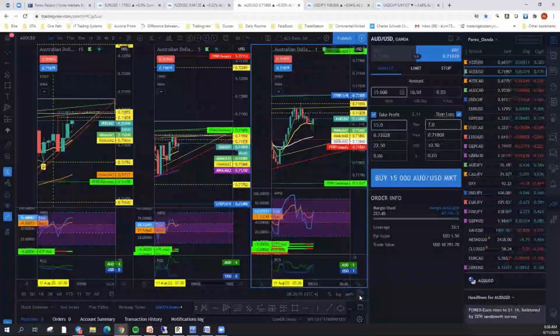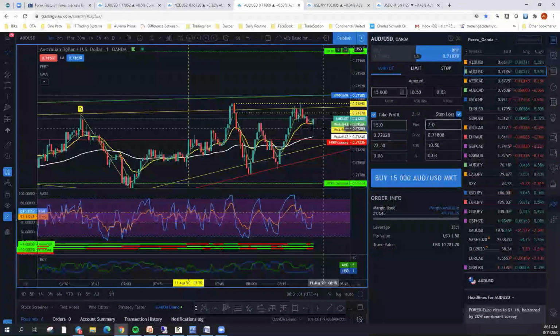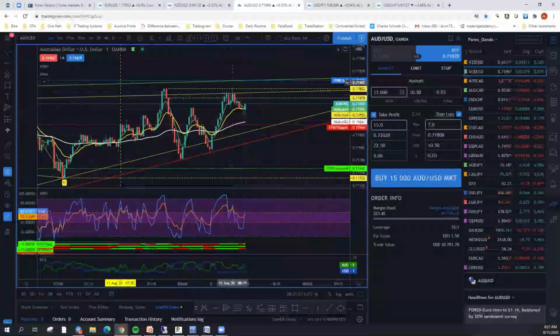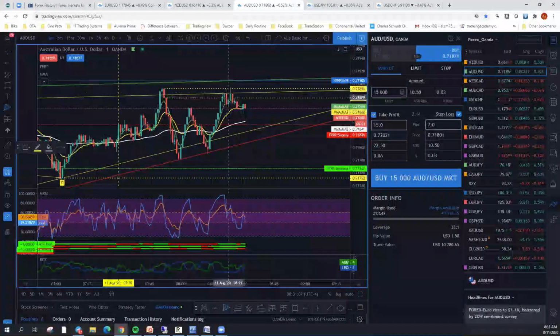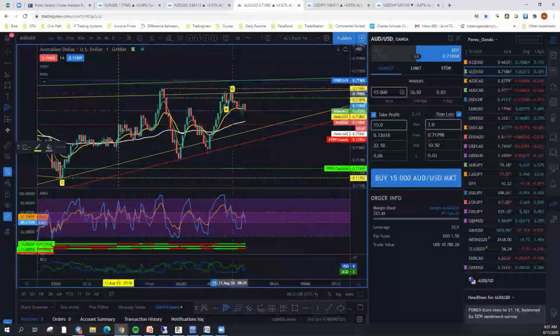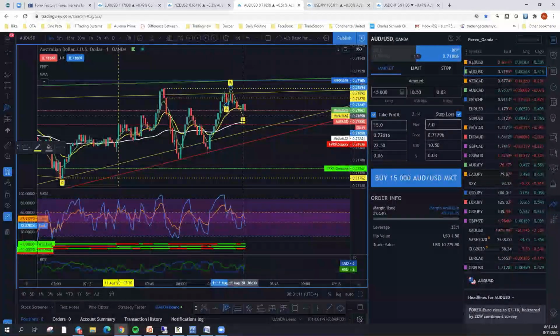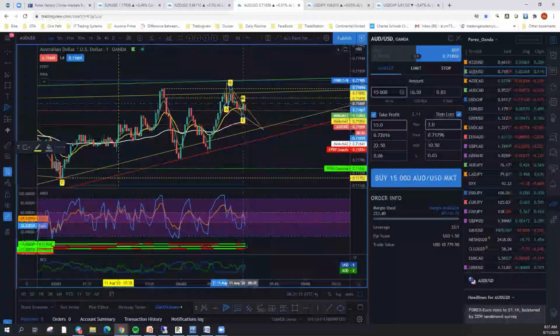You can see on this 1 minute chart, it's forming its own little mini wedge right here. Here's the flagpole, and here's a low, a high, a low, and there's our little trend right in here.